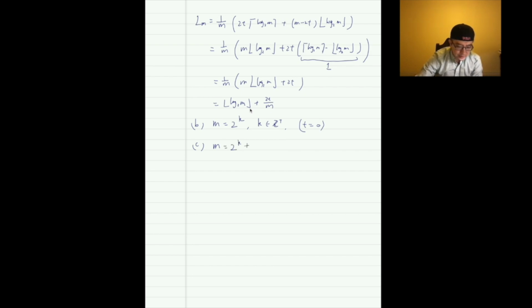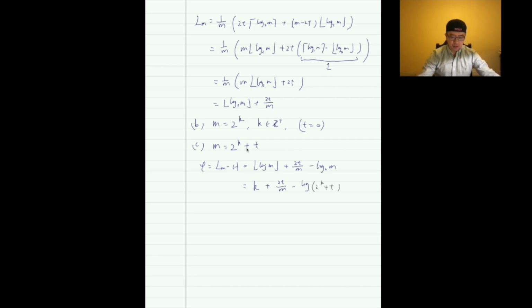Given that, we can write rho equals Lm minus H as the floor of log m, plus 2t over m, minus log 2 m. Because of this assumption, the floor of this is nothing but k, and then we add 2t over m, and minus log m, where m equals 2 to the power of k plus t.